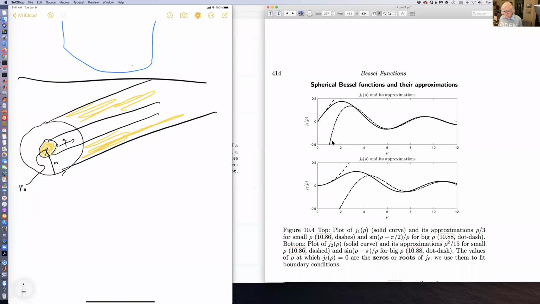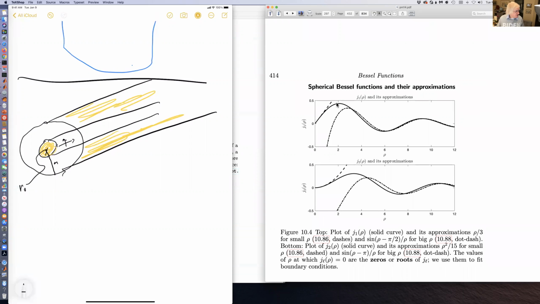So the dot-dash shows the approximation for large rho, and by rho equal to 10, it's pretty good in both cases. And the rho to the L is just here. This is rho squared, and this is a straight line, just rho.